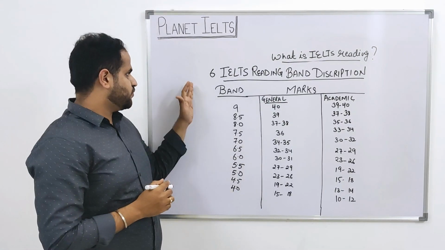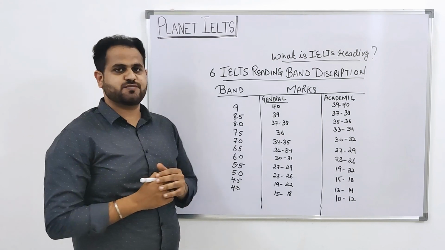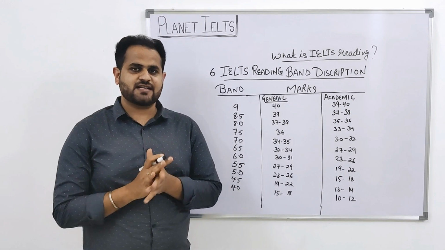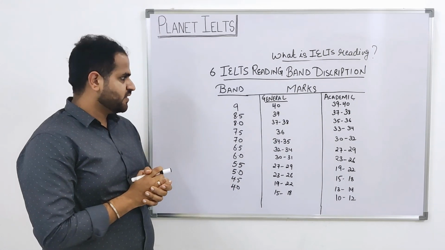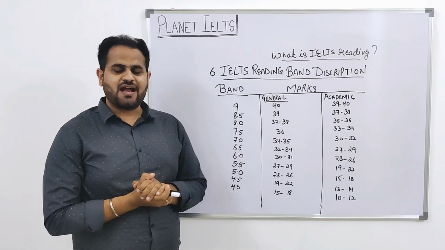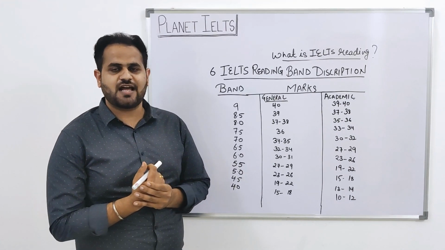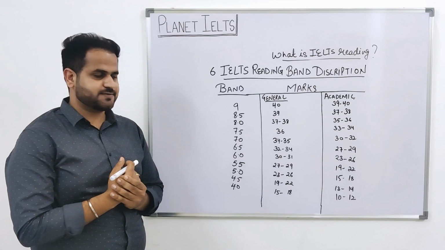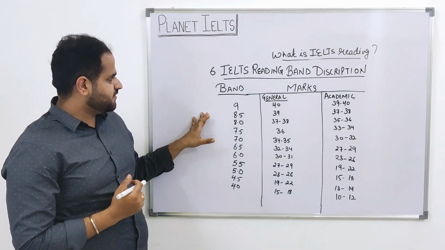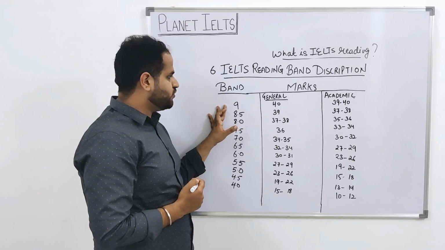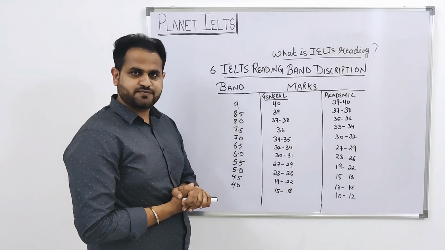Moving on to our sixth point, IELTS reading band description. There are specific bands given for specific points. In IELTS reading, band description is also a point of differentiation between general IELTS and academic IELTS. If we see, in terms of general IELTS, for 9 band, you need to score 40 marks.